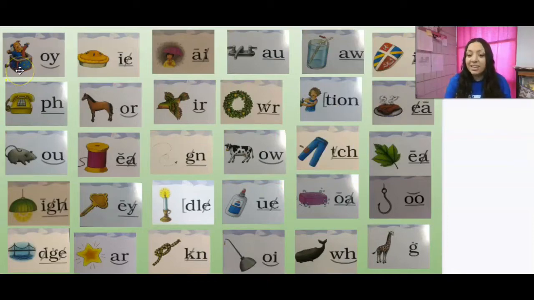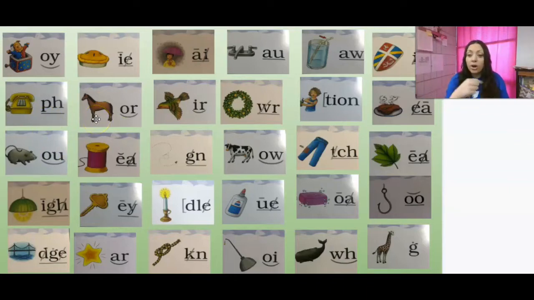All right, let's try right here. Are you ready? Toy, oi, diphthong OY. Pie, I, digraph IE. Rain, A, digraph AI. Faucet, ah, digraph AU. Straw, ah, digraph AW. Shield, E, digraph IE. Phone, F, digraph PH.